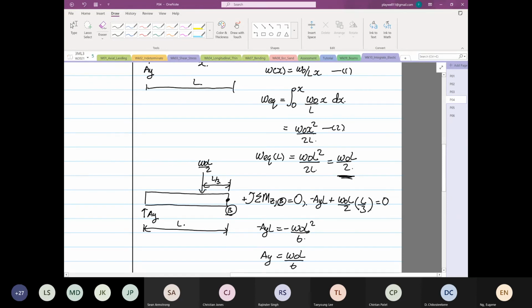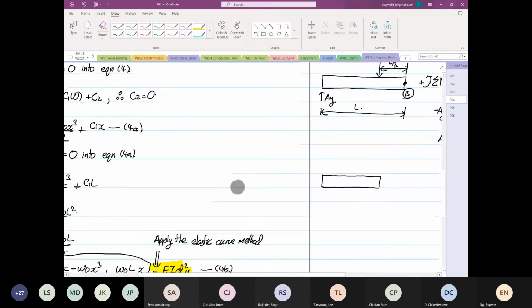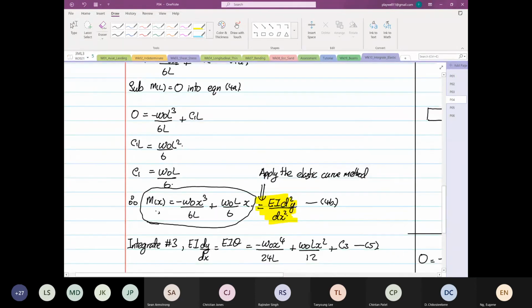From here, you just need to do the moment equation. You don't need to do the shear force equation for this case, because we want to find the moment.